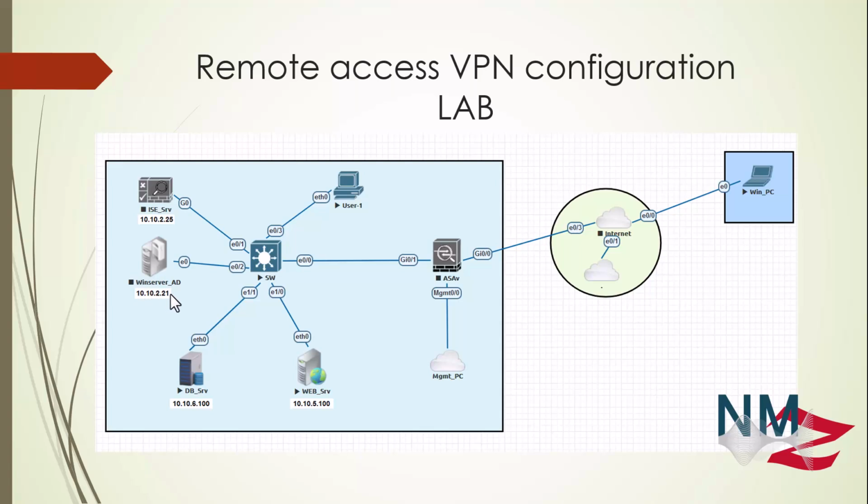And this one is Active Directory, and this is Windows 2008 R2, and we will configure the Active Directory on this and then join the ISE server to Active Directory, and then we will use these two servers for user management inside the ASA. Let's finish this and let's go to our lab.